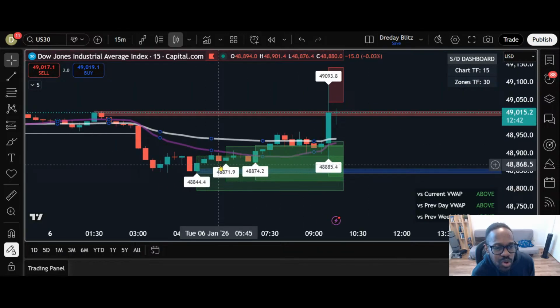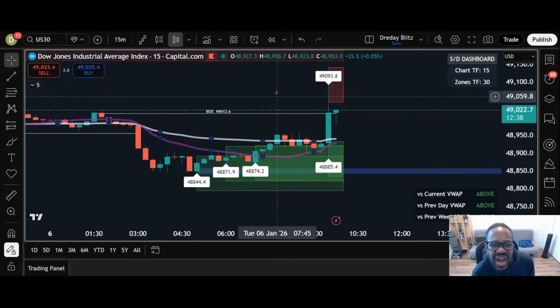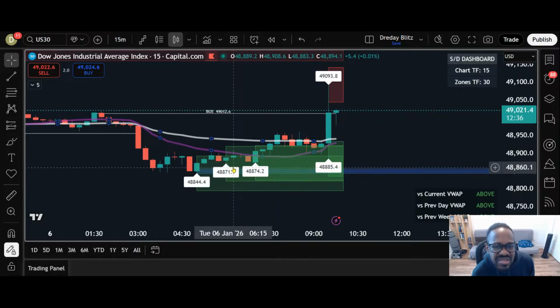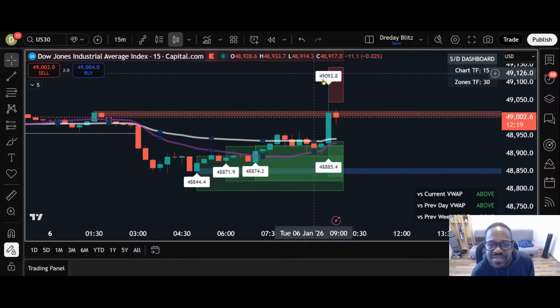I saw multiple higher lows, and that's one of the reasons here that I took that trade. Just gonna see if we have.